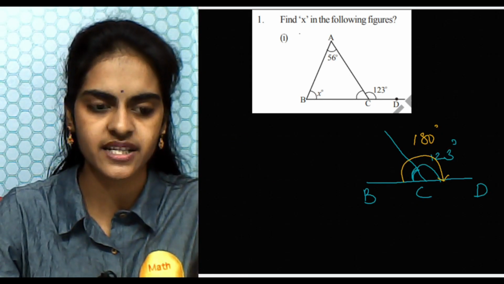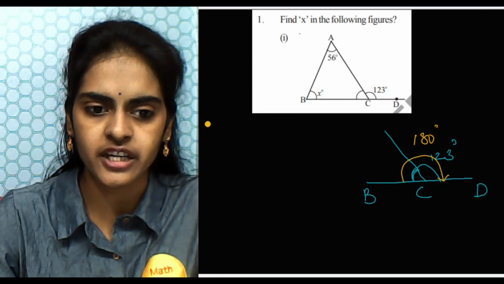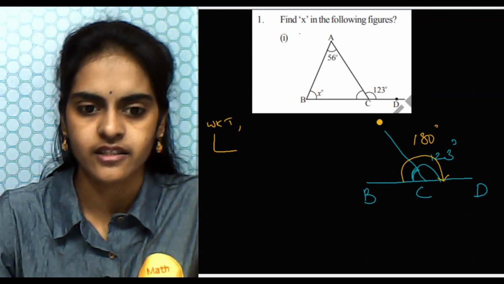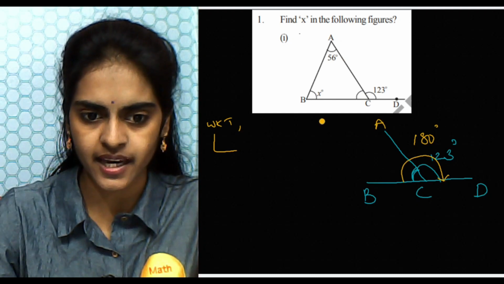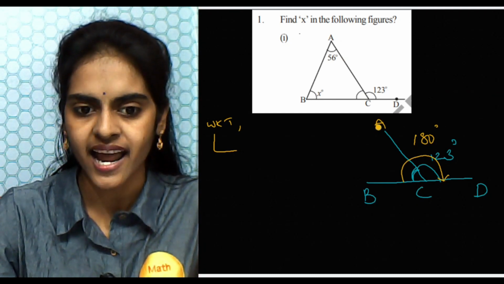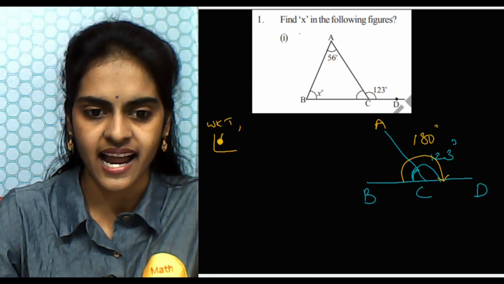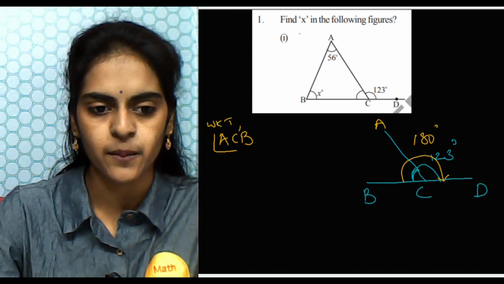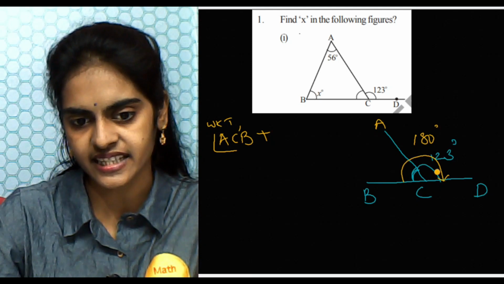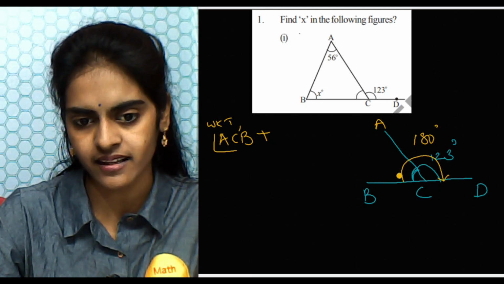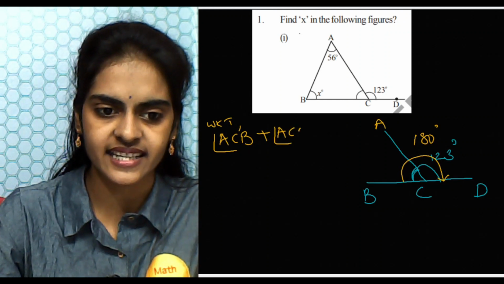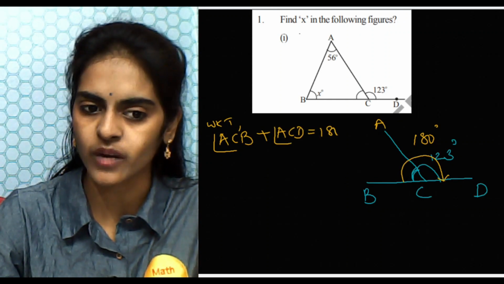Let us write the same steps here. Angle ACB plus angle ACD is nothing but 180 degrees.